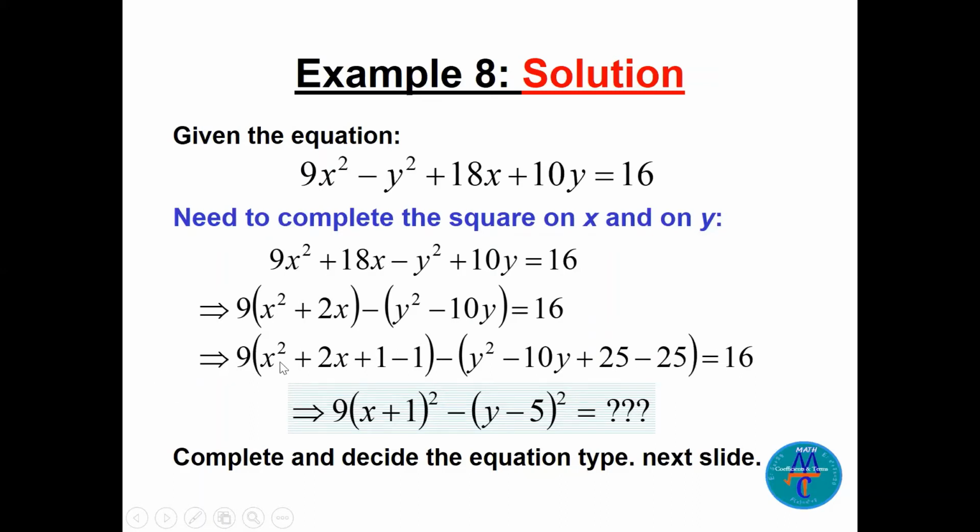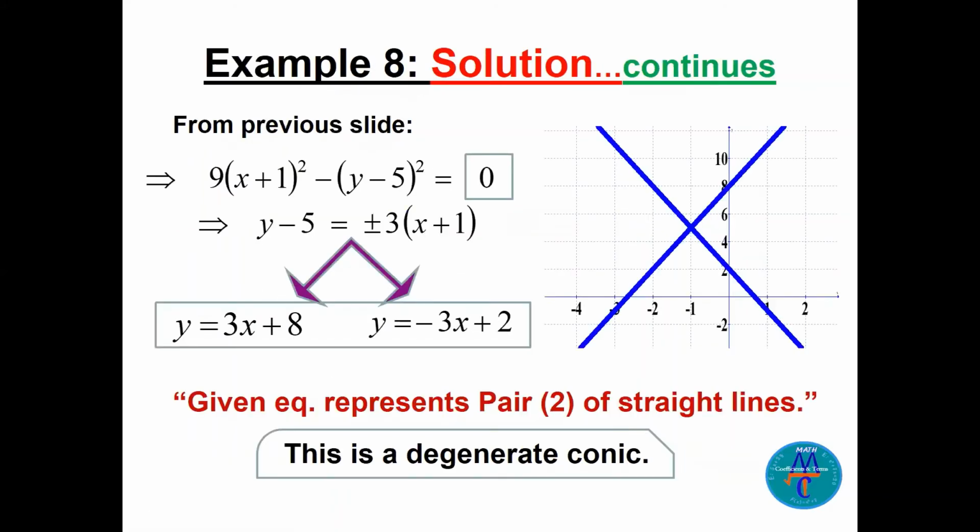So we have 9 times this bracket, (x + 1) squared. Remember, there is 9 times minus 1. Minus, here we have (y − 5) squared, and there is a minus with the minus, so it becomes plus 25, equals 16. Figure out this number on the next slide. So this number becomes 0. So what is this?